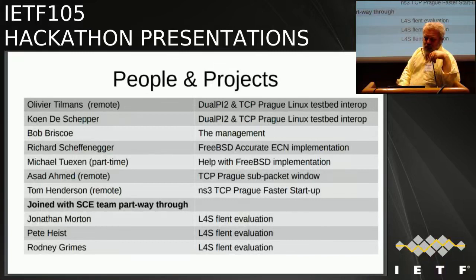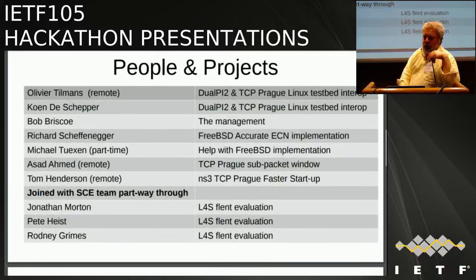The highlight really was the L4S test bed. We had the SCE people come over and give us their Flent work that they wanted us to evaluate on it. And we started working together on that, which will probably continue during the week.